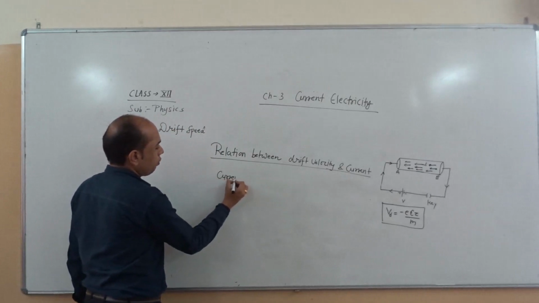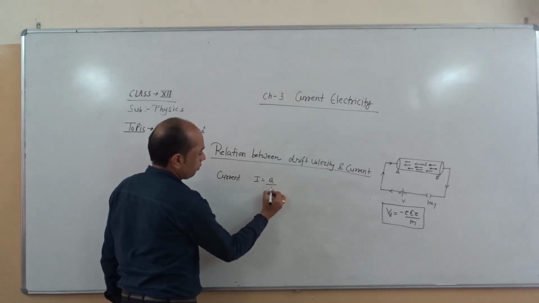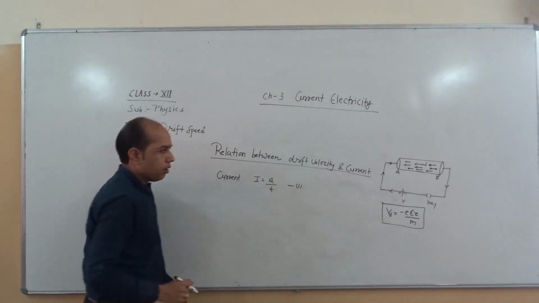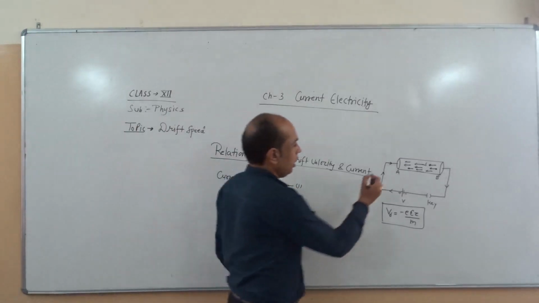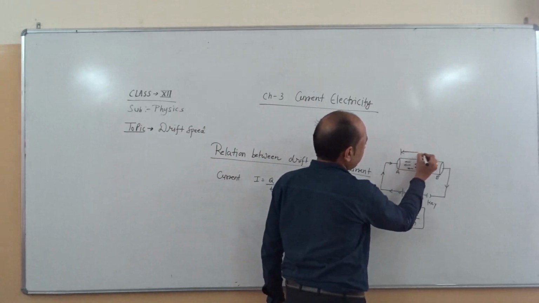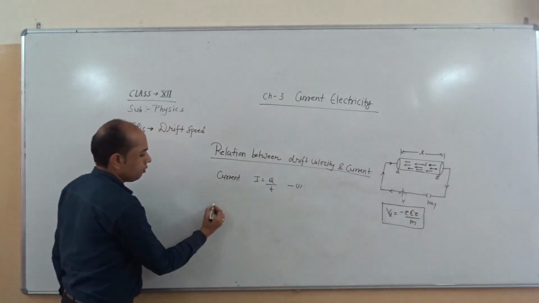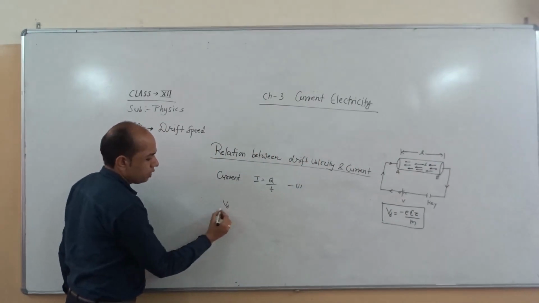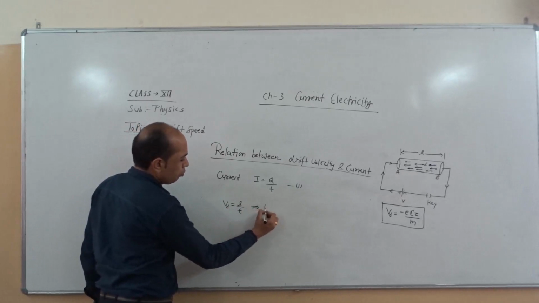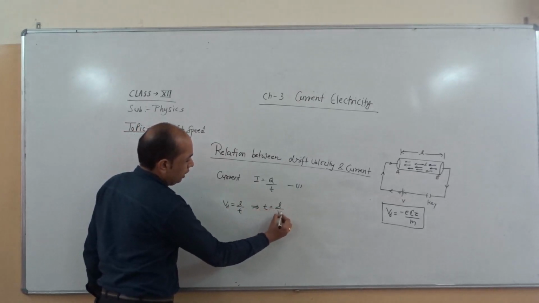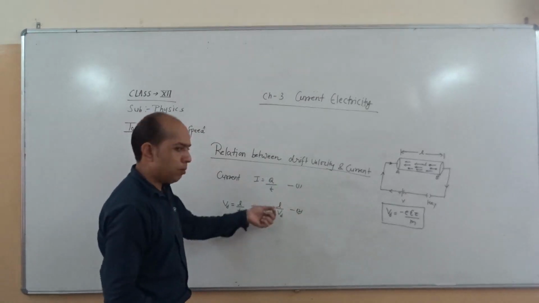So current from the start, I = Q/t. Suppose L is the length of this conductor. Drift velocity is distance upon time, so from this equation time is L upon Vd. So time is replaced accordingly for this conductor by L/Vd.